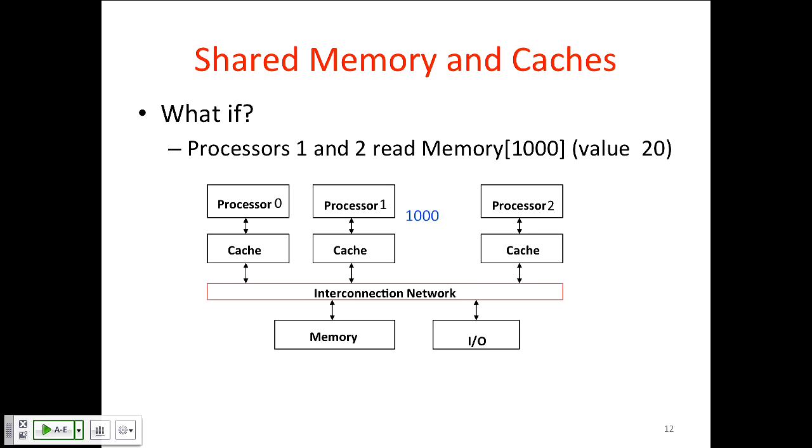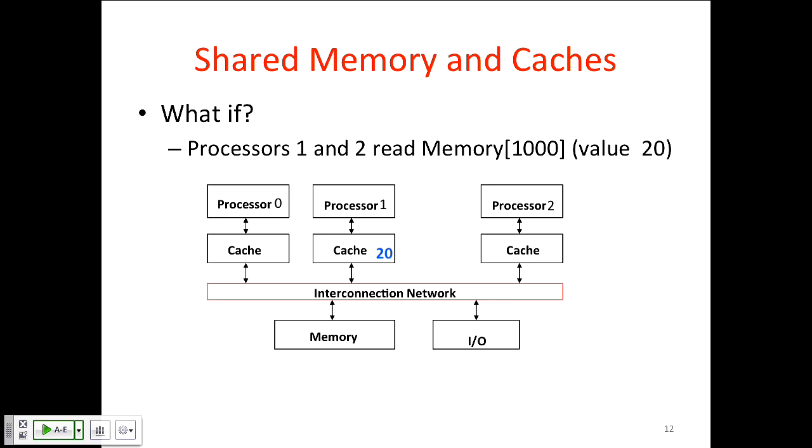It's not in the cache, so it gets a cache miss. It goes over the network to memory and asks for the value in location 1000. The value is 20, so you return it back to the cache and keep it there. So now you have a copy of that address in processor 1's cache.